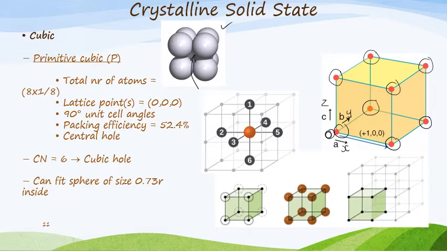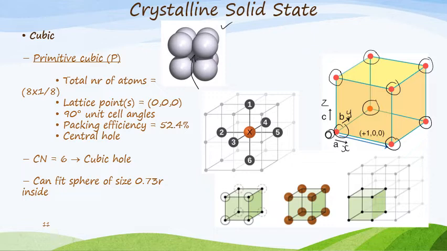The coordination number is actually in the cubic hole. If we look at this diagram labeled 1, 2, 3, 4, 5, 6, this is where the hole sits, and you can see that there are 6 lattice points that can go around that central atom, and something like octahedral geometry will probably be seen.